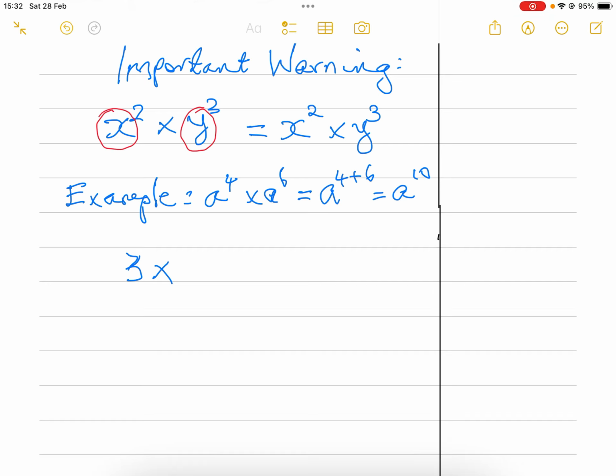What of when you have 3x raised to power 2 multiplied by 5x raised to power 3?